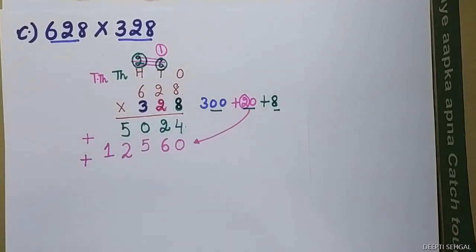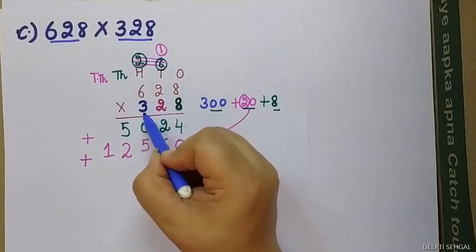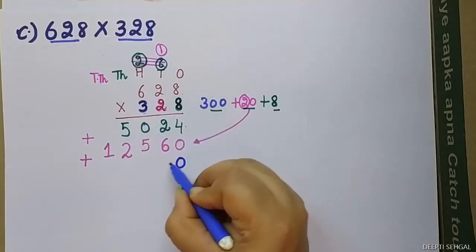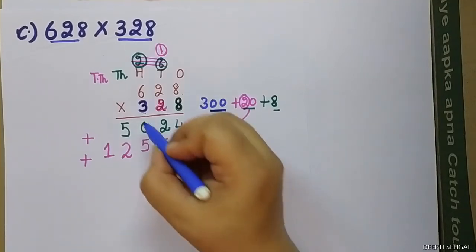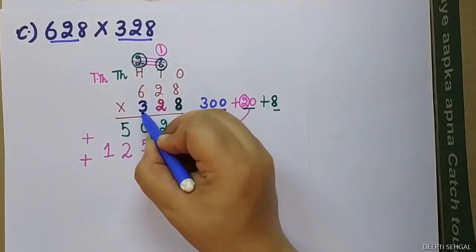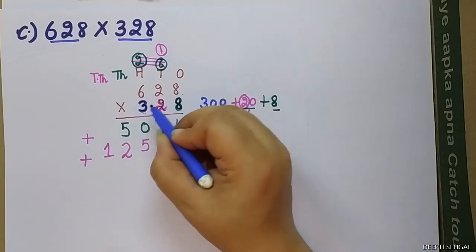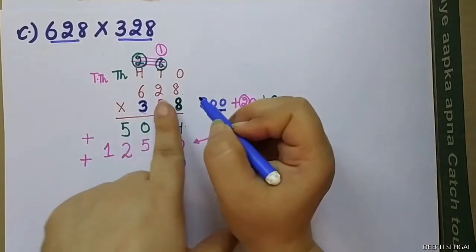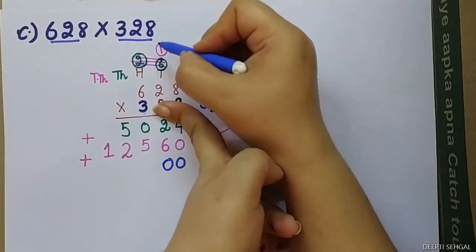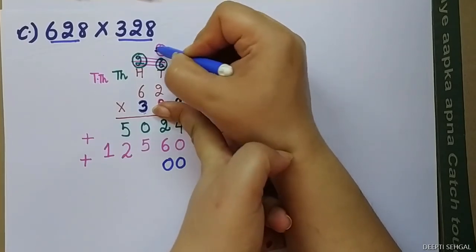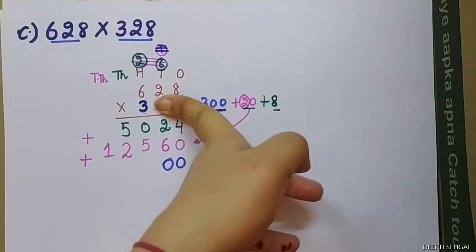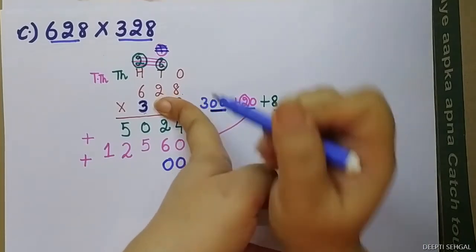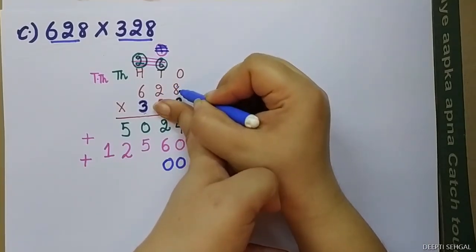Now we have to multiply by 3 hundreds. So we will write 2 zeros for the hundreds. Now what is left? 3. So 3 multiply by 8. Again we are not using this now. And this was the carryover by 2. So I am cutting it. In order to avoid confusion, you can also do it in your notebooks. Cut it very neatly and nicely. 3 multiply by 8 is 24.